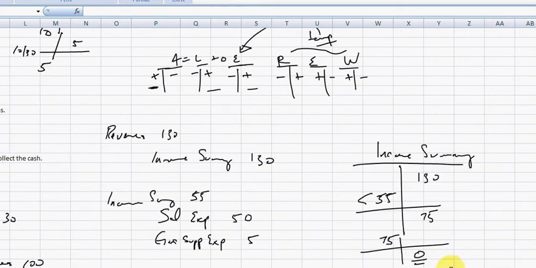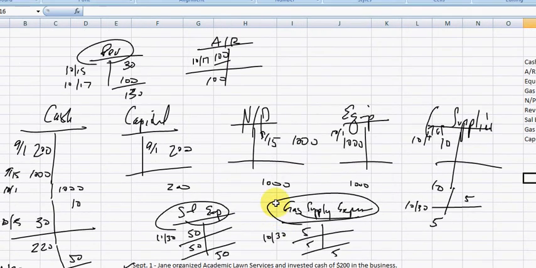And then of course our revenue of 130, close it out right here.